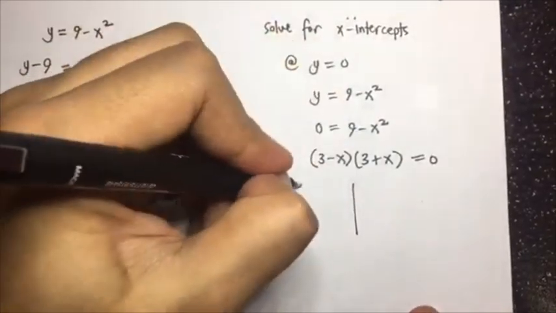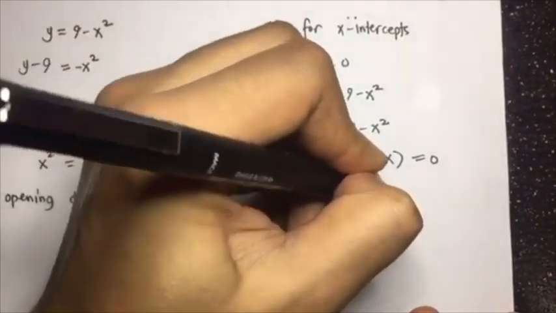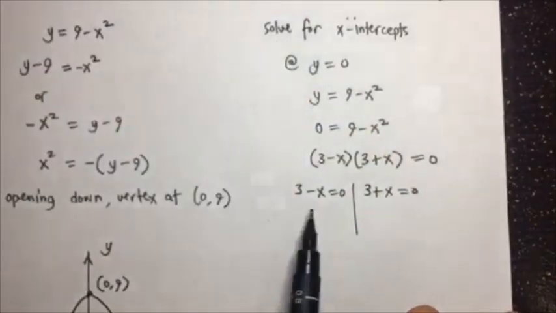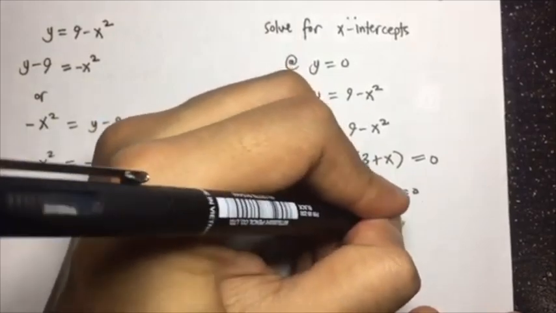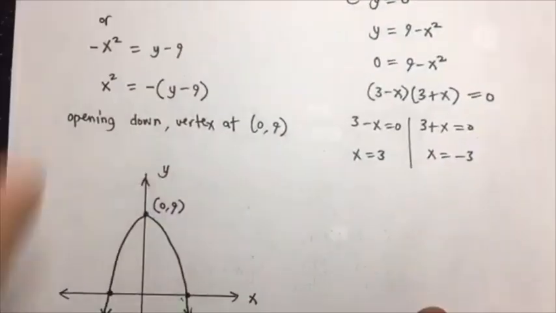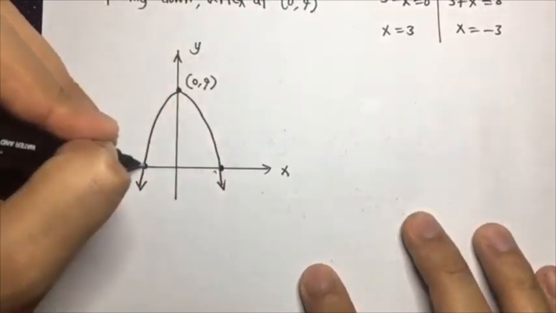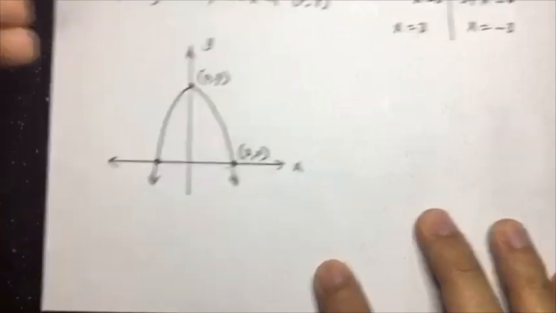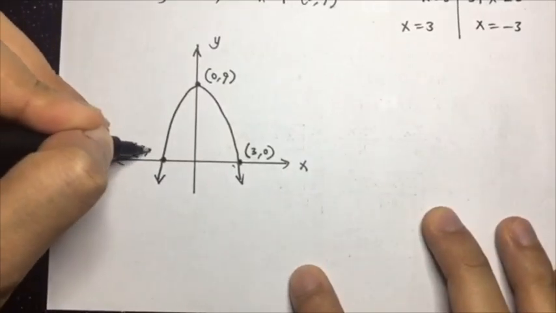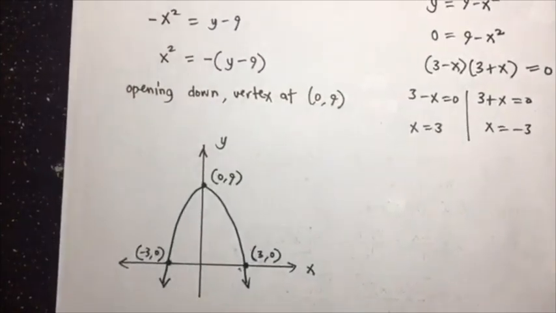Equating the factors to 0, x is equal to 3 and x is equal to negative 3. Therefore the coordinates here and here are positive 3, 0 and negative 3, 0.